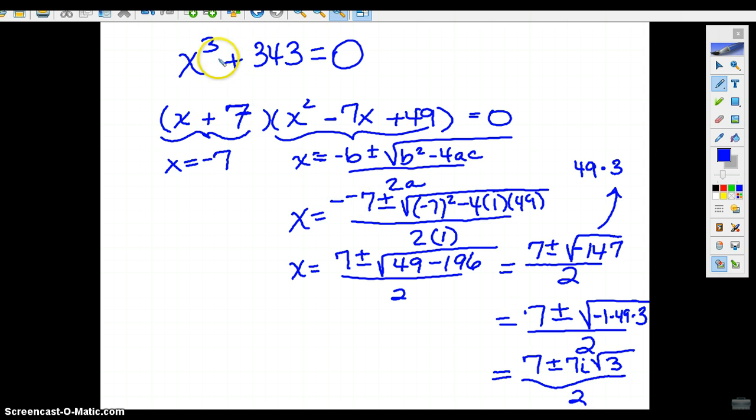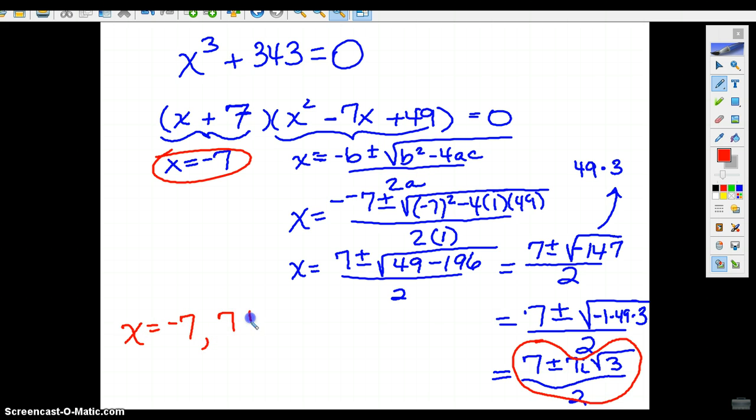So we had x cubed, and so we should be looking for 3 answers. Did we get 3 answers? We did. We have this one answer, and this is actually 2 different answers. 7 plus 7i, the square root of 3 over 2, and 7 minus 7i, the square root of 3 over 2. So we would write our answer as negative 7, and then 7 plus or minus 7i, the square root of 3, all over 2.